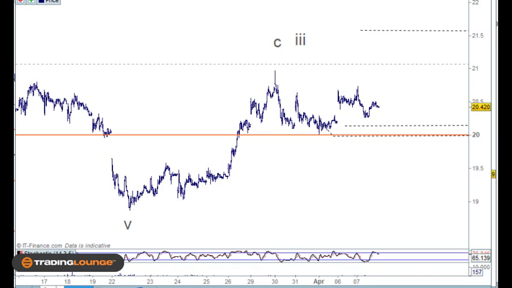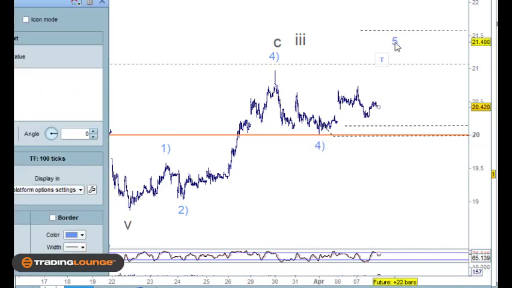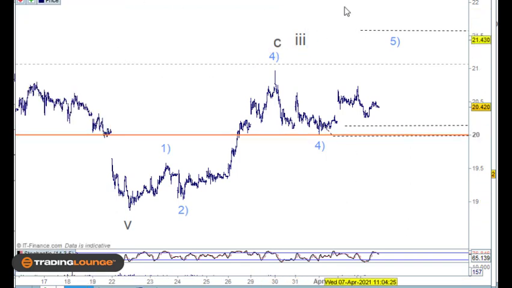So let's just label it for a clearer understanding. If it's going to be bullish, then that's what we need to see.